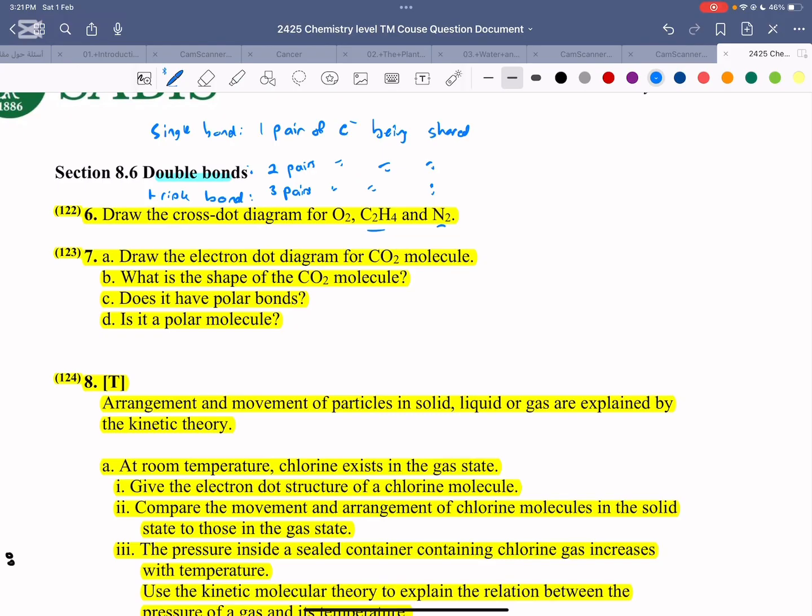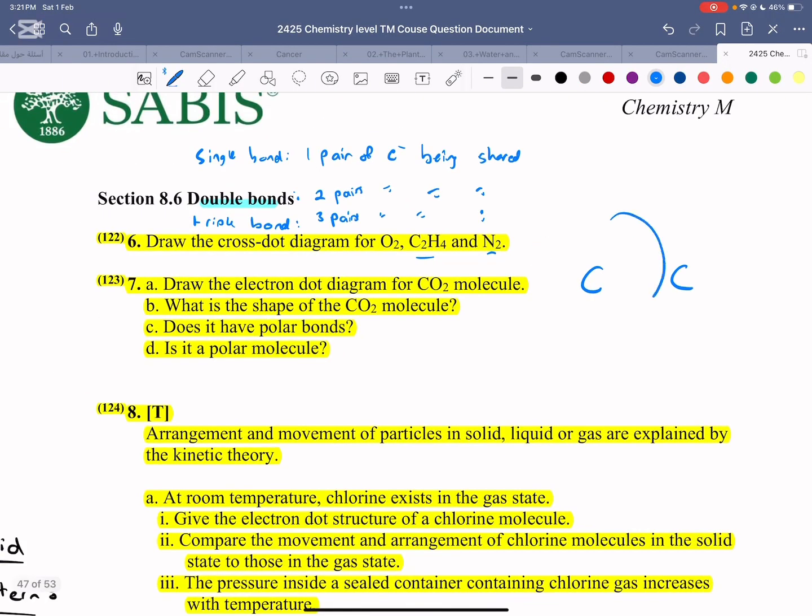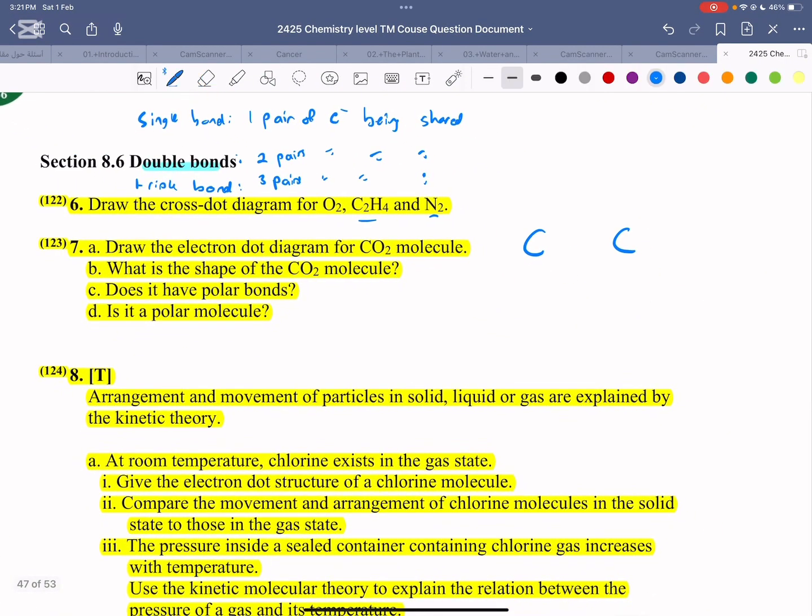Let's start with C2H4. So we have carbon, carbon. Carbon is going to be dark. For this carbon, I'm going to put it in dark blue. Carbon is found in group 4, so it has 4 valence electrons, and I'm going to denote it as an X. So 1, 2, 3, 4.